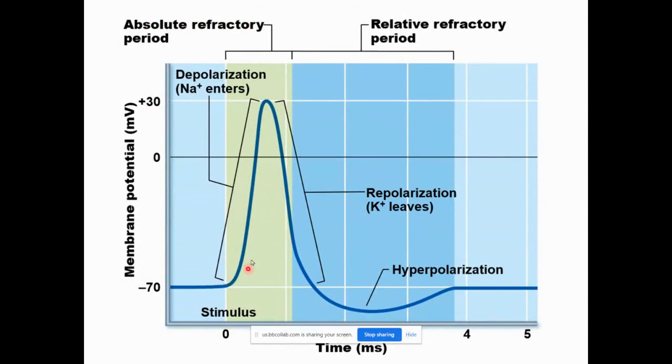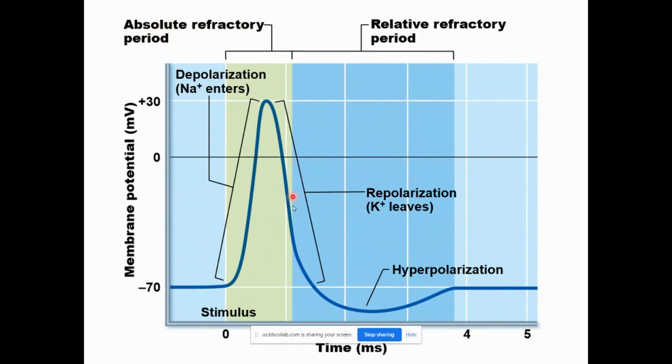During depolarization and repolarization, what you see in green here, another action potential cannot happen, right? That nerve is firing off an action potential. That means it's impossible to have another action potential right here. That's the absolute refractory period, right? In no way is it possible for another action potential to happen during this point in time. I used to think of it as there's absolutely no way, right? That's the absolute refractory period.